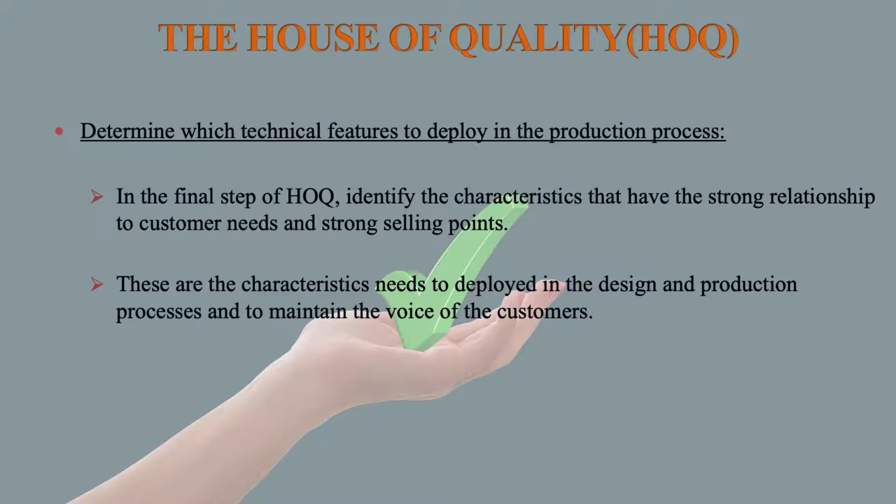These characteristics need to be deployed in the design and production process and to maintain the voice of the customers. So in these 6 steps we have learned, first we have to identify the customer needs, which are to be converted into technical requirements, and these technical requirements can be deployed in the production processes. Then the 7 management planning tools.